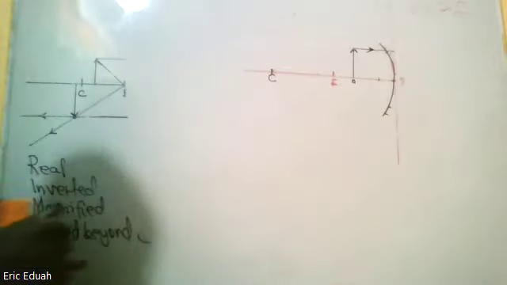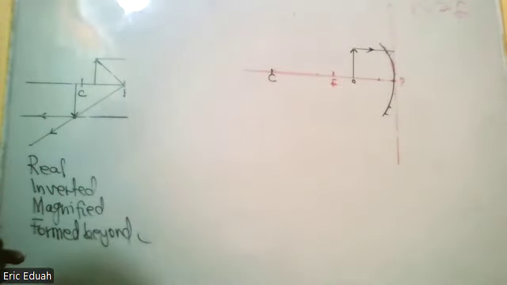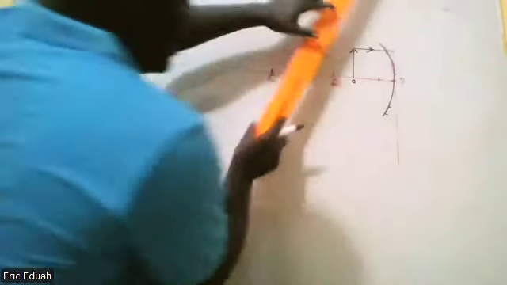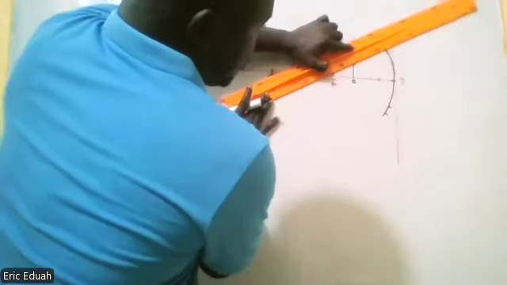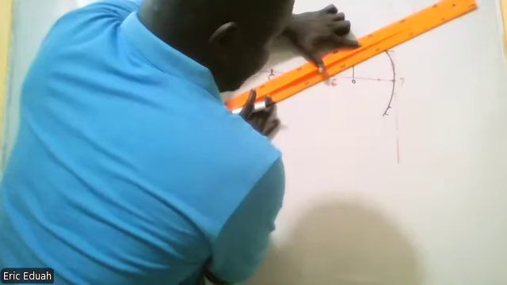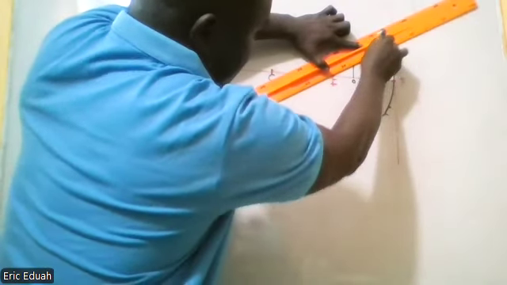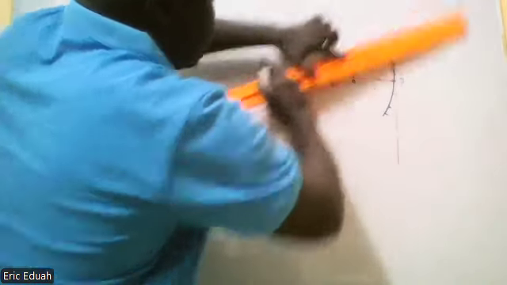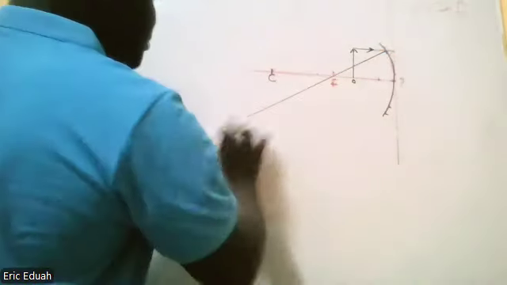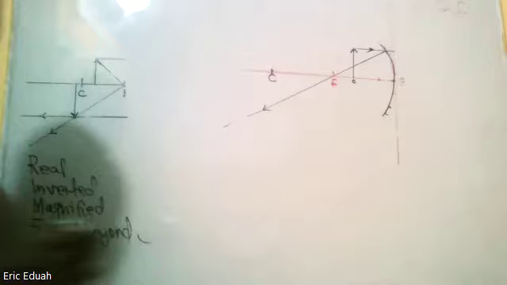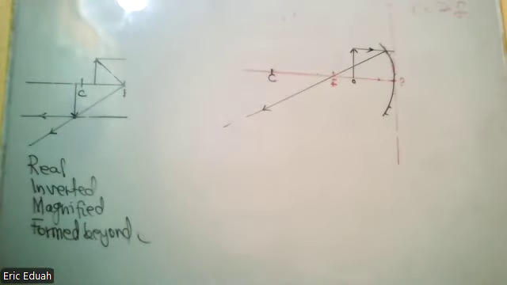A ray of light going parallel to the principal axis, after reflection, must pass through the principal focus. So that is rule 1. Then you apply a second rule.